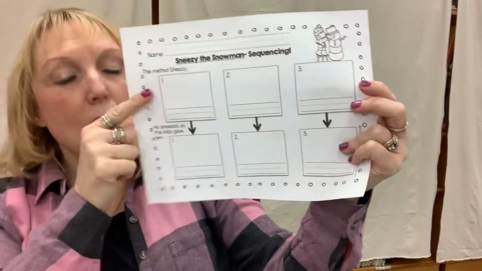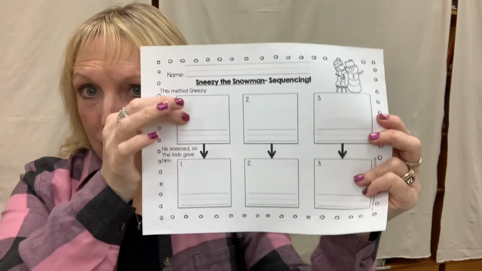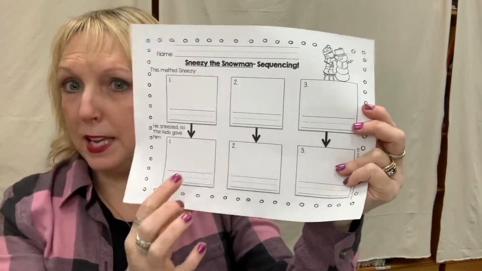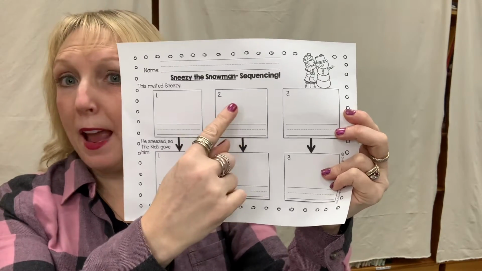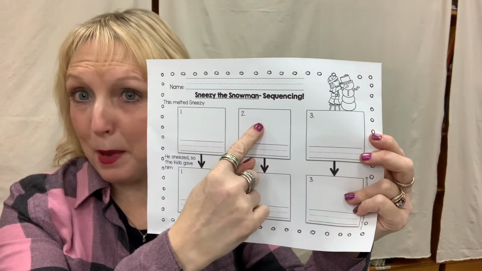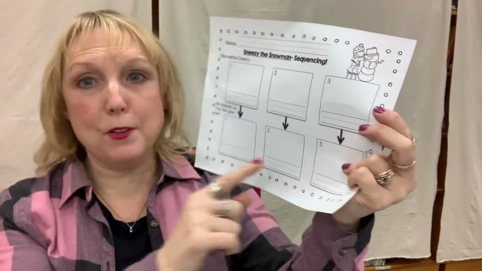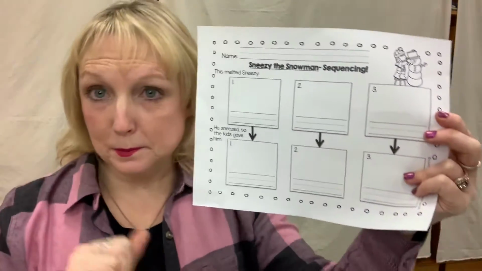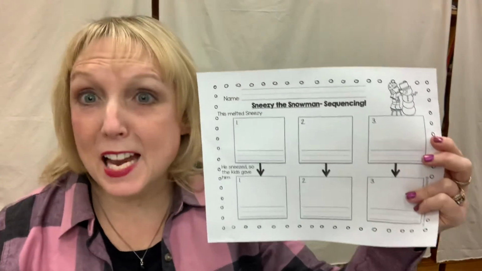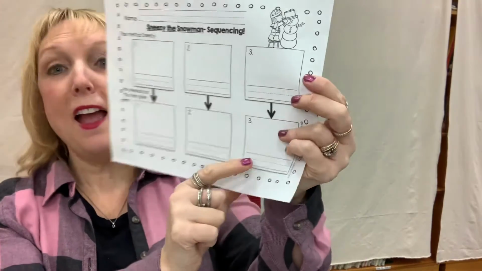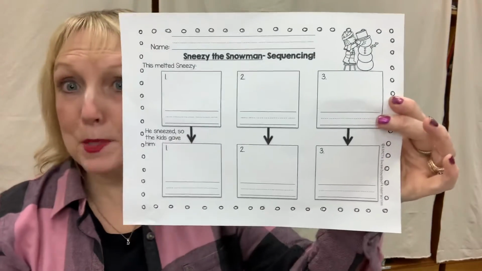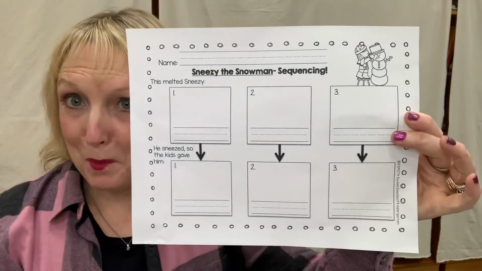Because something happens that makes Sneezy melt, so the kids give him something, okay? Then something else happens and Sneezy melts, so the kids give him something. Okay? Then the third something happens and they give him something to keep him warm.